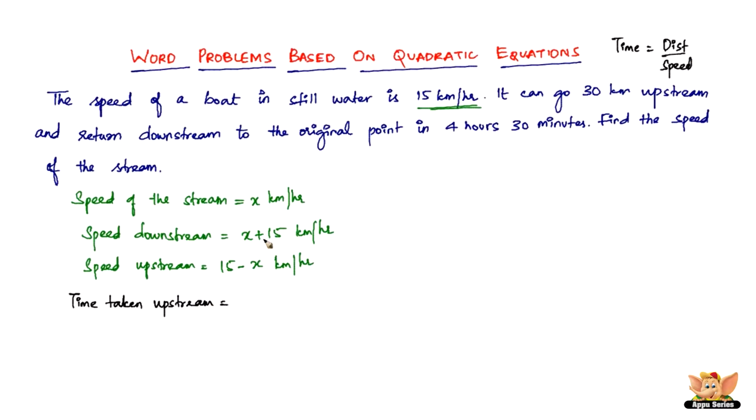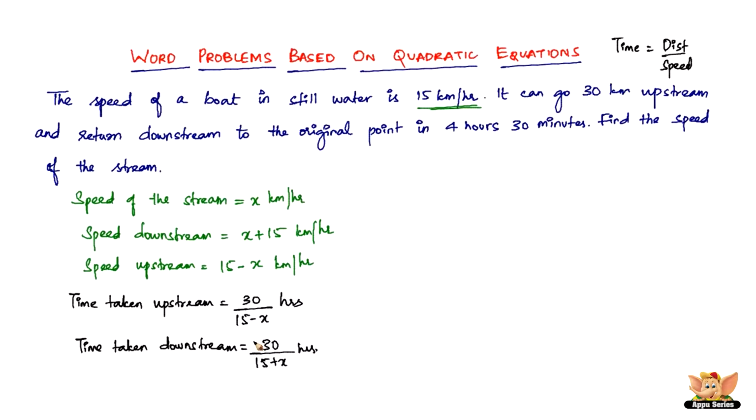So distance is 30 kilometers. 30 divided by the speed upstream, which is 15 minus x, hours. And then the time taken downstream is 30 divided by 15 plus x hours.